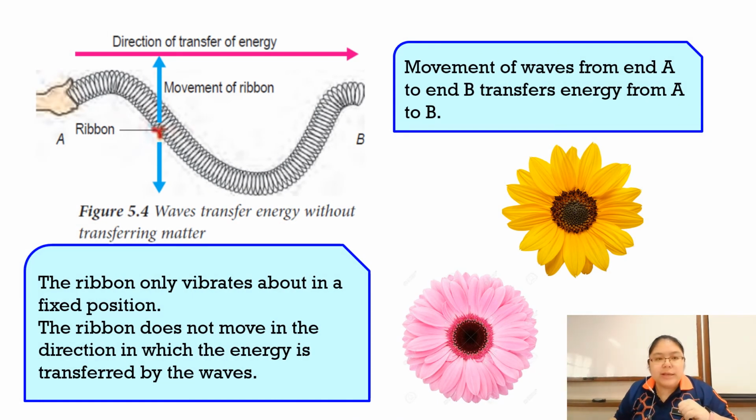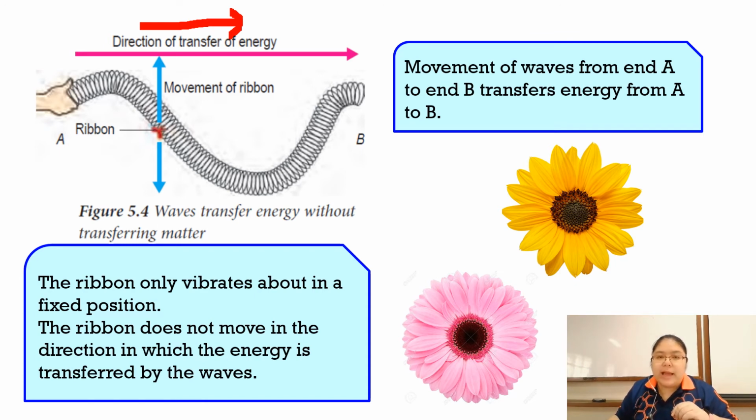Now we're going to see what happens when you shake the slinky spring. You find the direction of the transfer goes in one direction. After that, you see the ribbon. The ribbon just moves up and down.